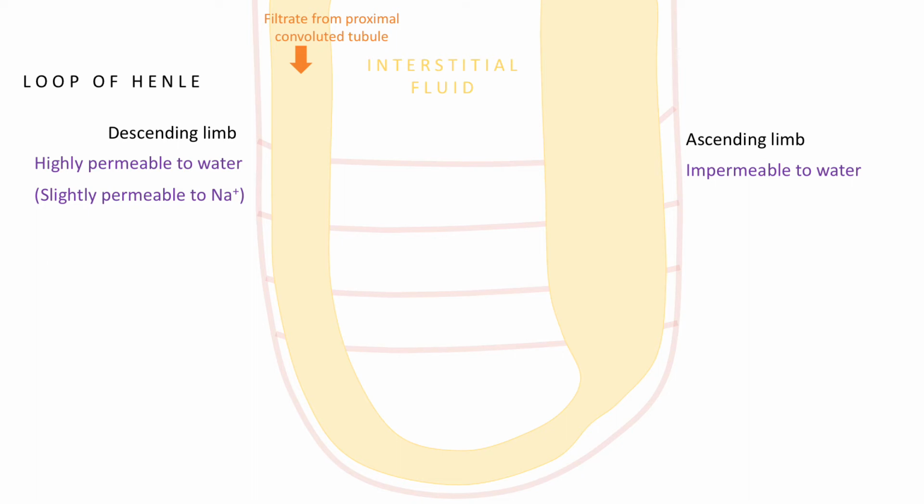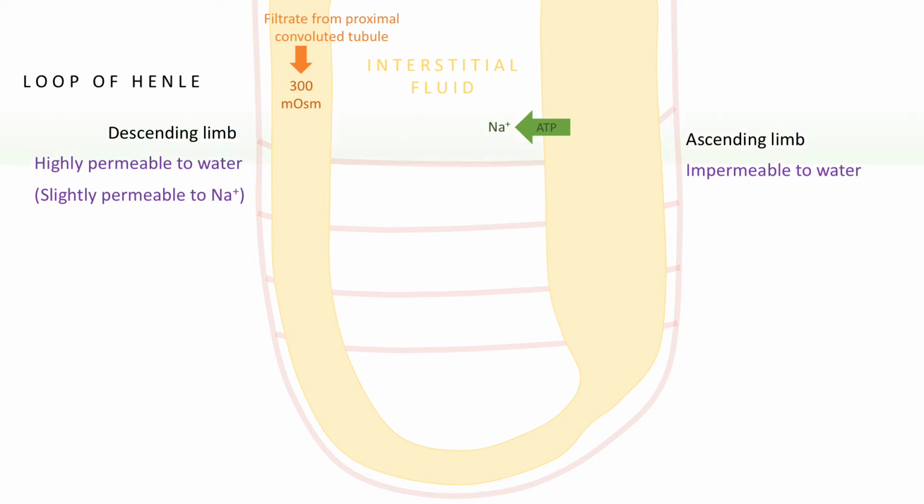So let's now look in more detail at the movement of sodium ions and water in and out of the loop of Henle descending limb and ascending limb. So we'll do it in a step-by-step process, and you can check your answer against that. So filtrate entering will have a value of approximately 300 milliosmolar. And what's really important here is that the ascending limb actively transports sodium ions out into the interstitial fluid.